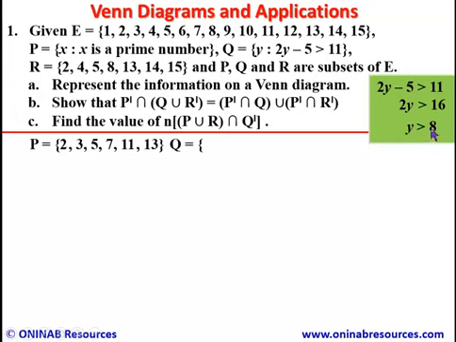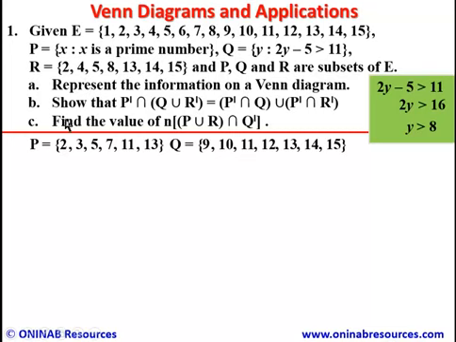So the range of values of y here is starting from 9 up till 15. We're going to stop at 15 because Q is a subset of E. So the elements that make up Q are 9, 10, 11, 12, 13, 14, and 15. And set R is already given.